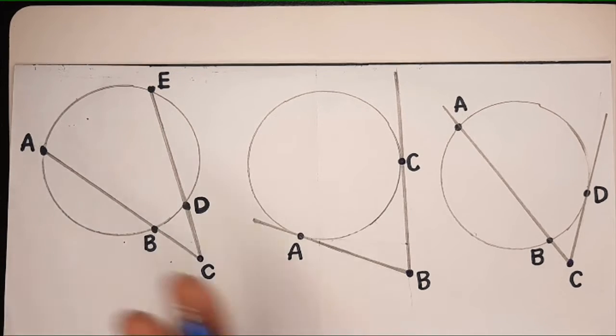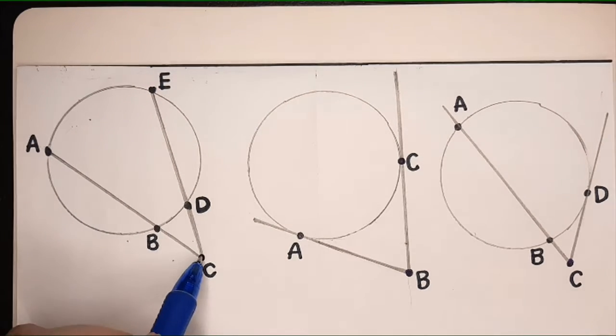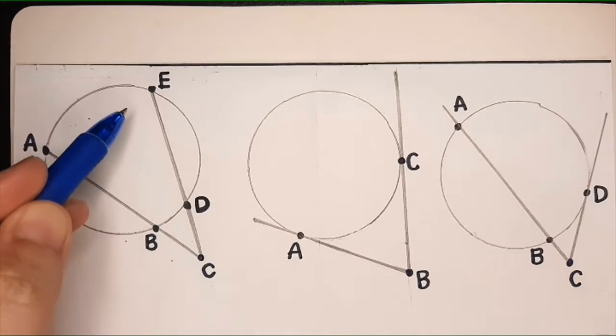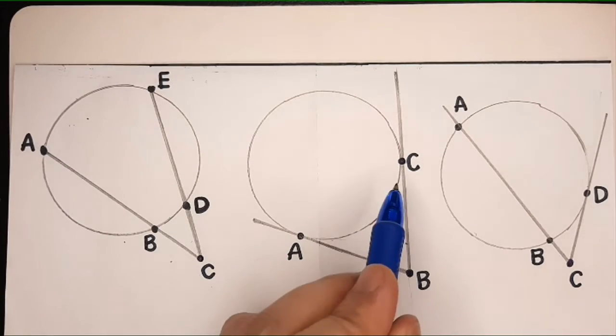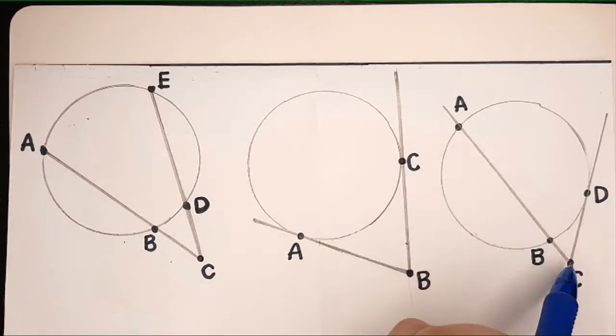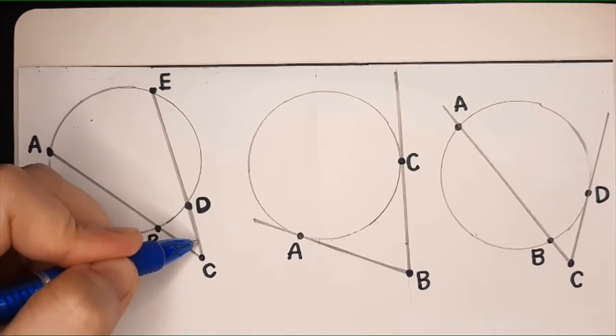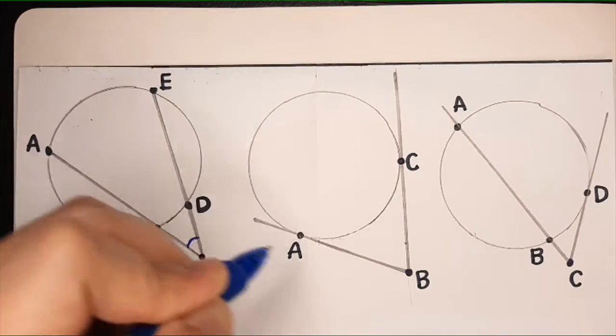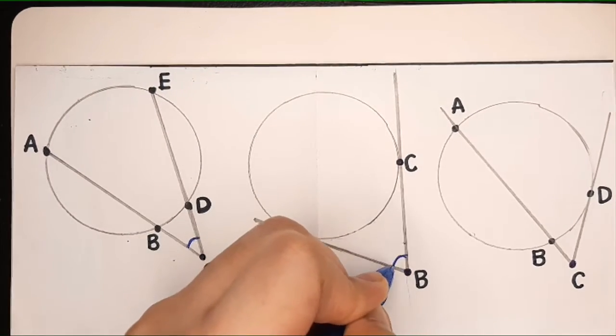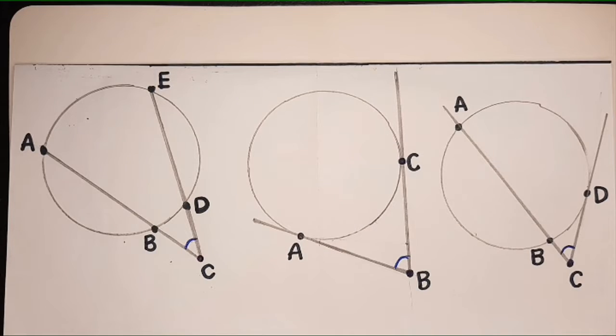Okay? So, if you have like this, yung intersection ng 2 secants, ng 2 tangents, or ng 1 secant and 1 tangent, yung intersection nila lie outside the circle, how do you get the measure of these angles? Also very easy. All you have to do is to get the difference of the intercepted arcs and then divide it by 2.